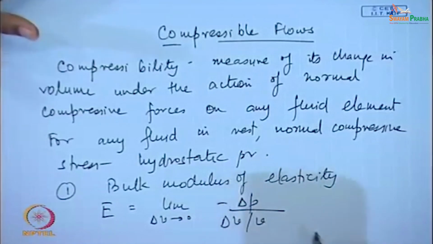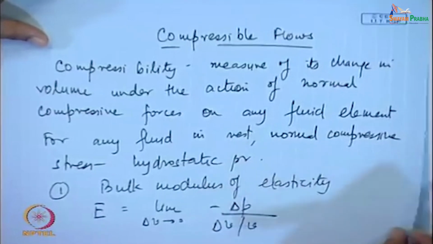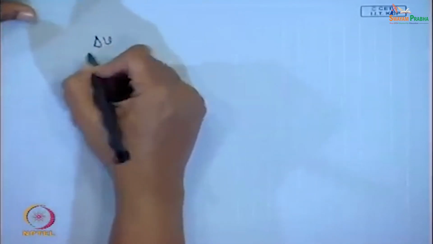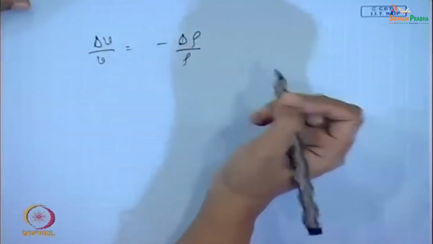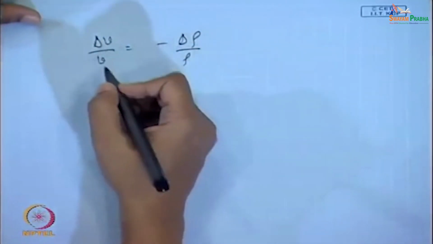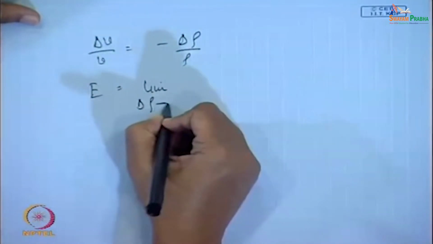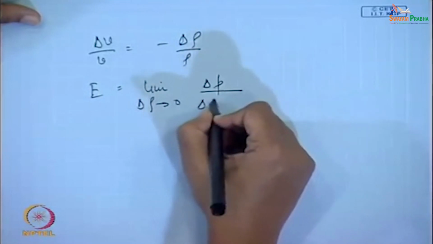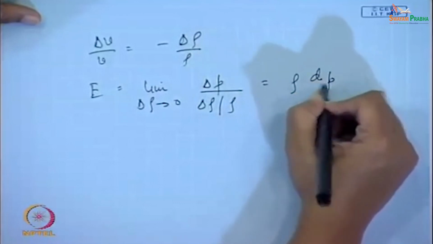The negative sign shows that an increase of pressure causes a decrease in the volume. This delta V by V is nothing but minus delta rho by rho, where V is the specific volume and rho is the density. So, we can also write E in terms of density in this particular form, in other words E equals rho dP by d rho.